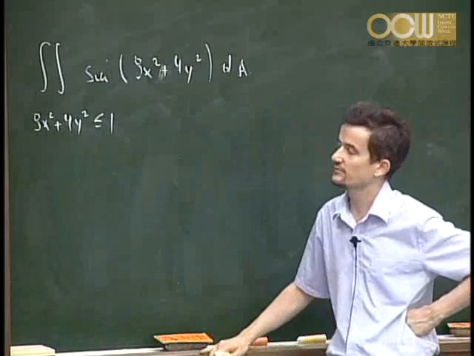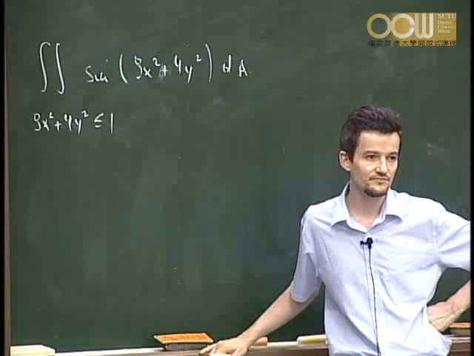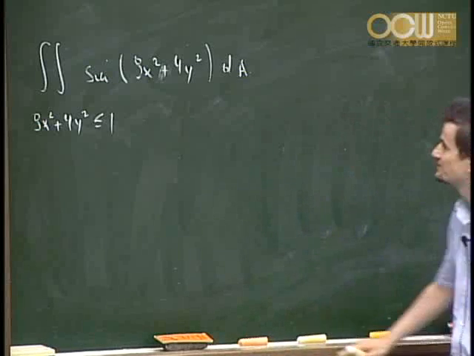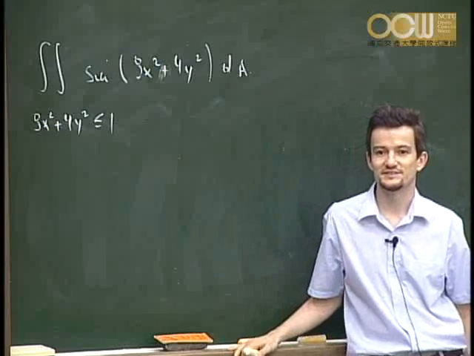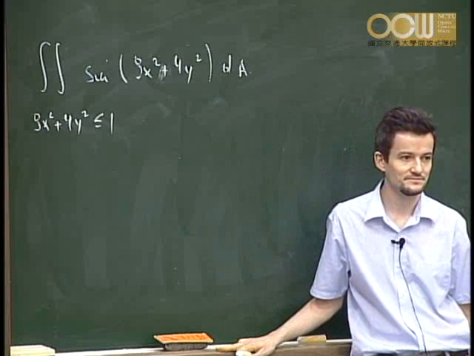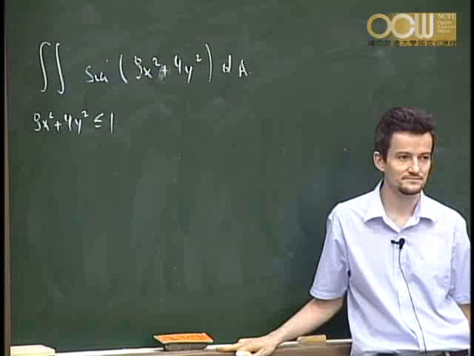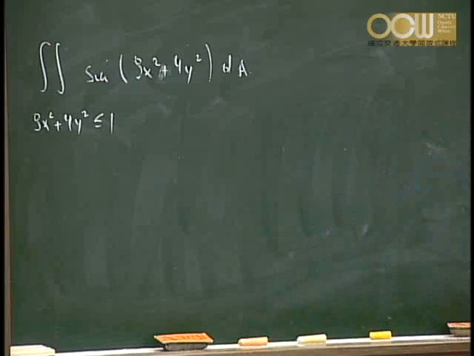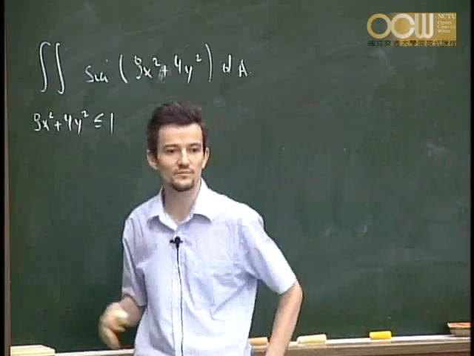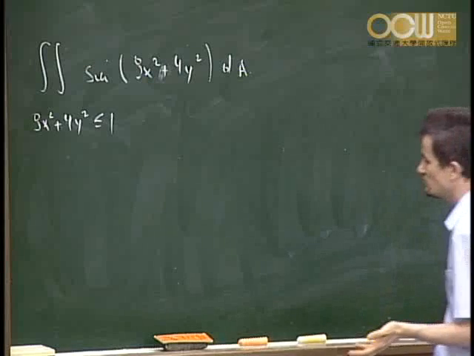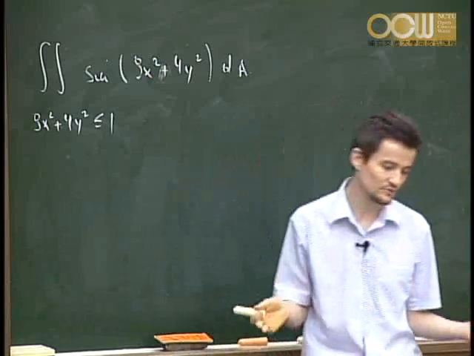Which kind of substitutions do you suggest here? Any suggestions? Any ideas? Because the ellipse is more complicated than the circle, the idea is you just find a substitution which will transform the ellipse into the circle.